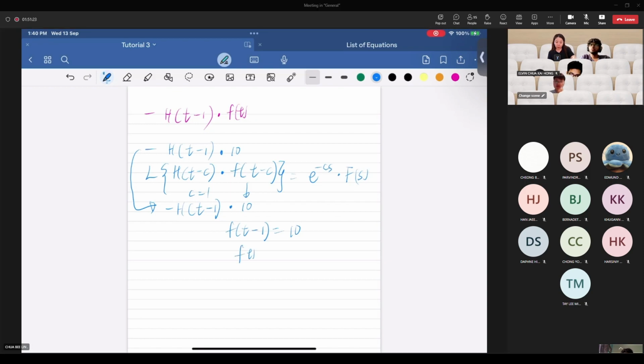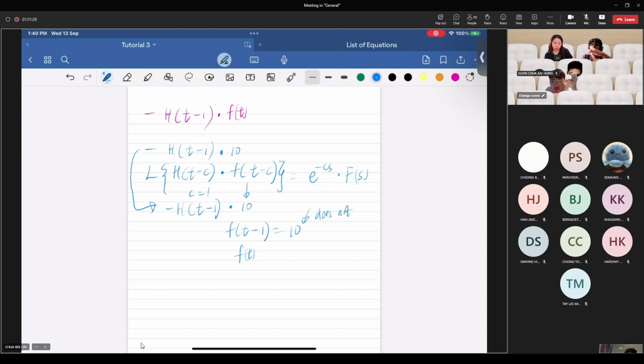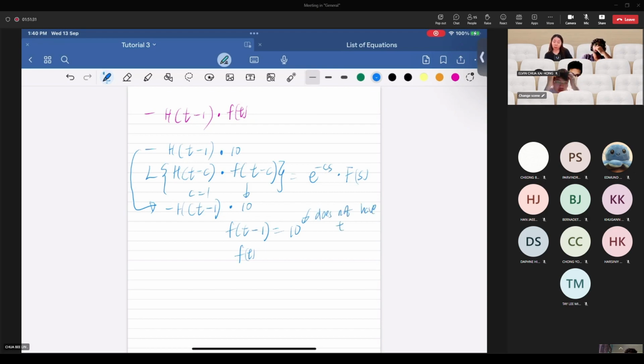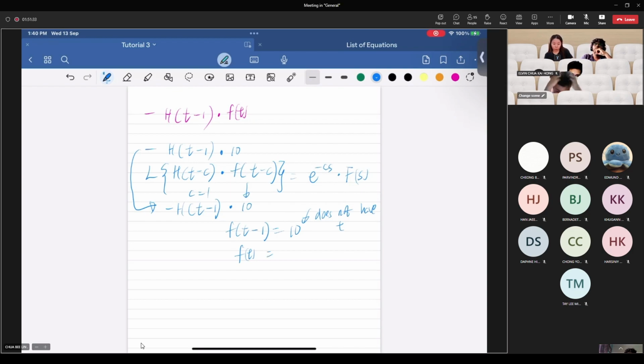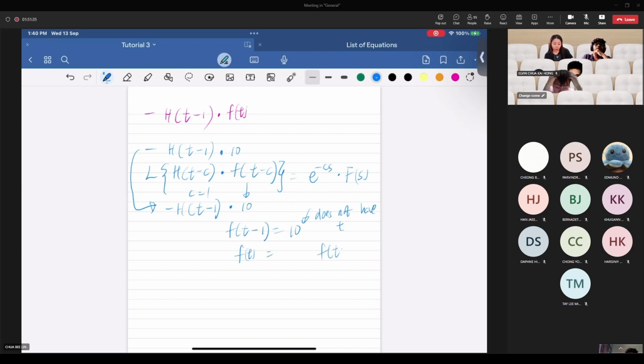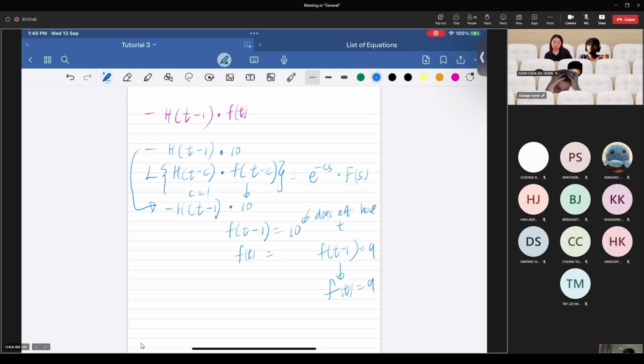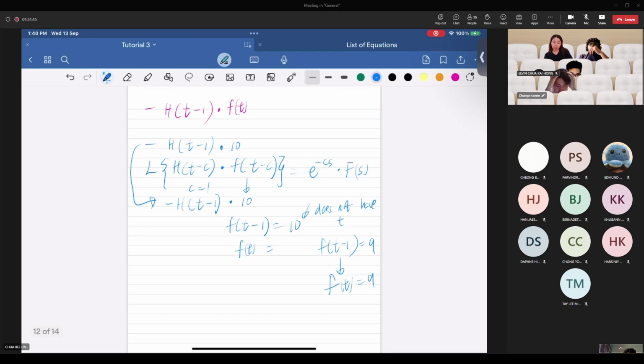Then your function of t: because this equation does not have t, when you change the function of t minus 1 to function of t, if it is a number, it will give you a number. Just like this is 10.